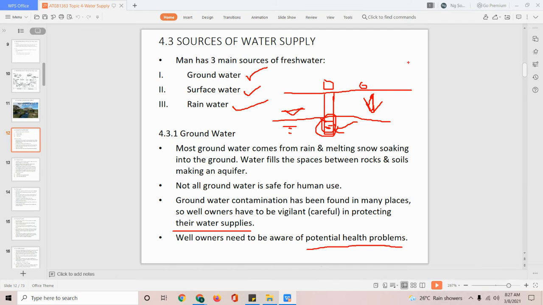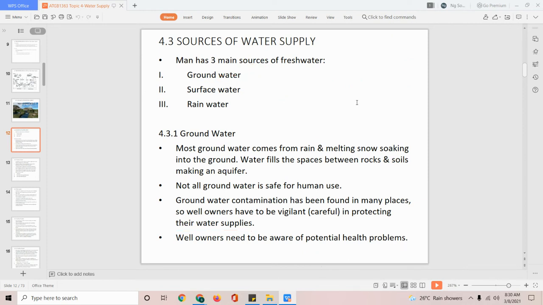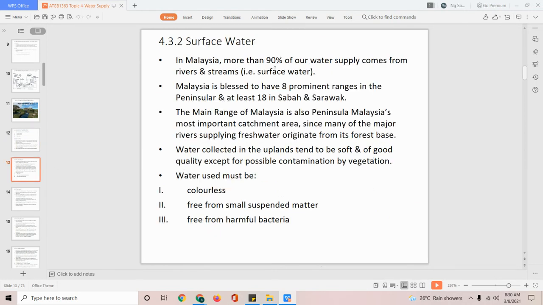We do not know if anyone can pour something on the ground, then it will infiltrate and go into our water supply. So this is a problem when it comes to groundwater. We can access it from everywhere, but if there's some contamination, then it will not be very fit for human usage. So next we'll have surface water.